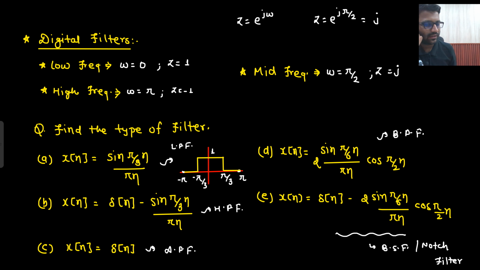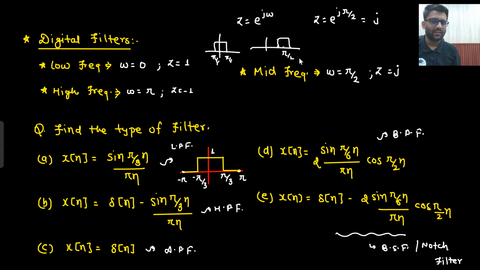How did I get to know? Just draw the frequency spectrum of this one. First you make the frequency spectrum of the low pass filter. That means it will be there between minus pi by 6 to plus pi by 6. Then multiply with cos pi by 2. That means it will shift ahead and shift backward. I made only one shift ahead, so the center will move to pi by 2. This point will be pi by 2 minus pi by 6, and this point will be pi by 2 plus pi by 6.